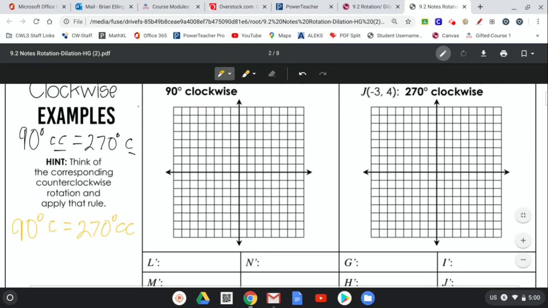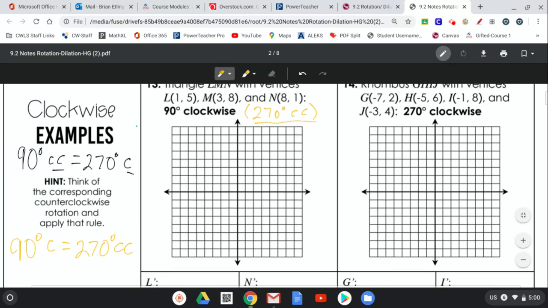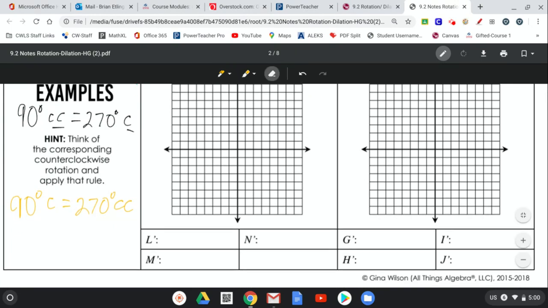So if we're looking at the first example there, we have a triangle. It's rotated 90 degrees clockwise, which is the same thing as 270 degrees counterclockwise, okay? So we're going to use the 270 degrees counterclockwise rule to solve this one, okay? So when we're doing this, the rule here, and I'm going to erase this stuff over here. So if you need to go back and pause the video and write it down, please do, because that's something important to have.